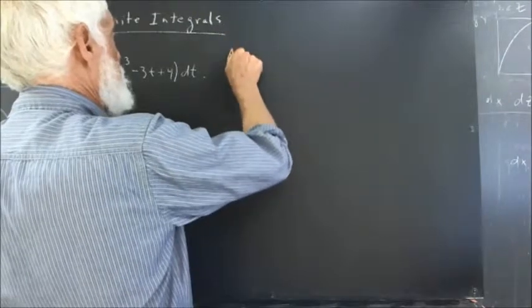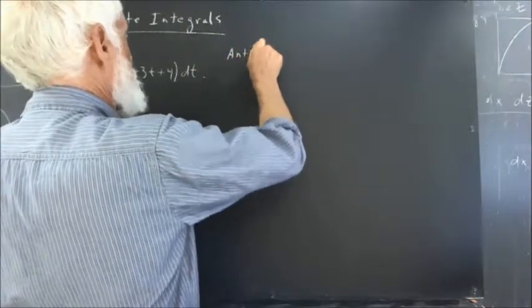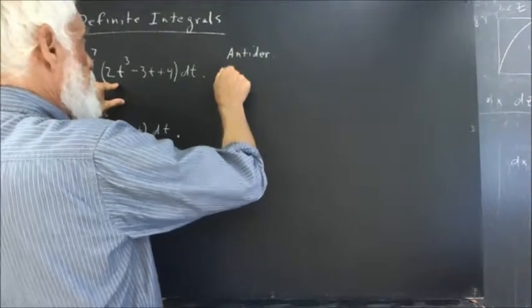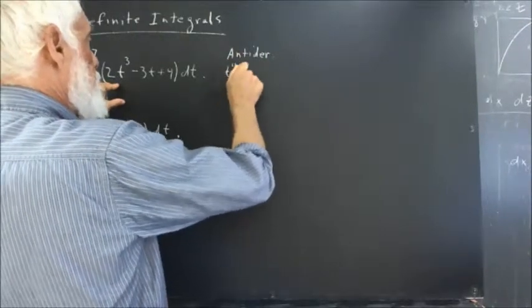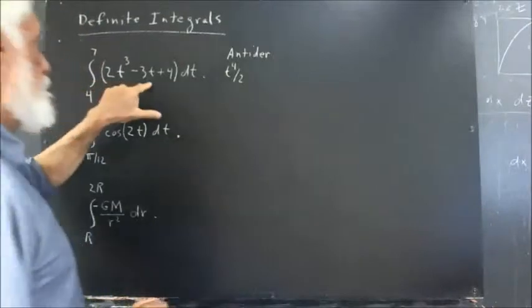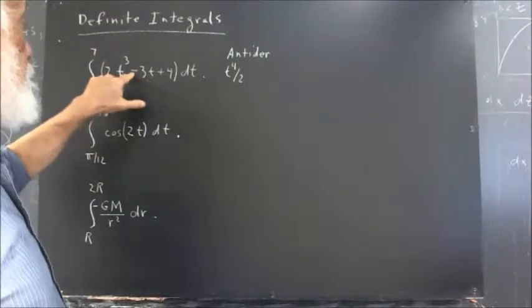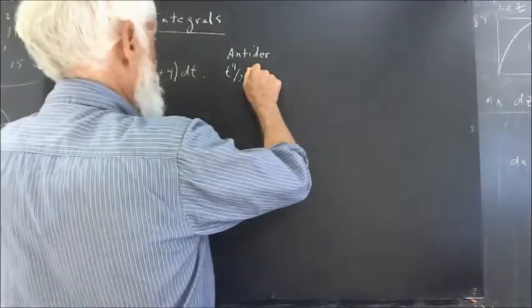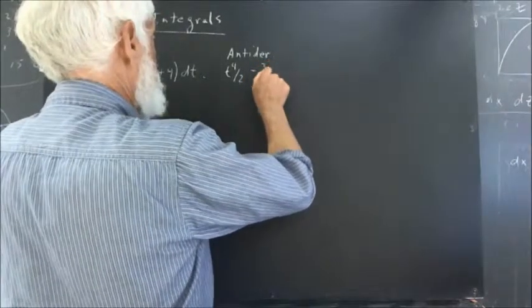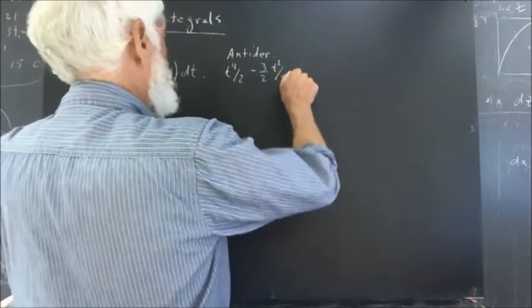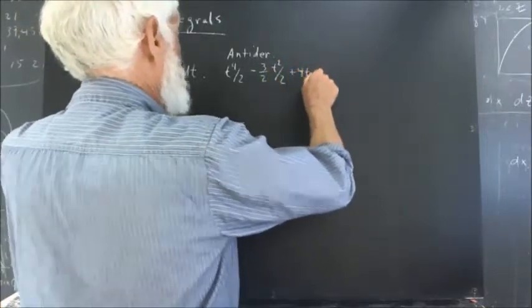So the antiderivative we're going to use is t to the fourth over 2. An antiderivative of t is t squared over 2, and minus 3 times that, we're going to have minus 3 halves t squared over 2, plus 4t.